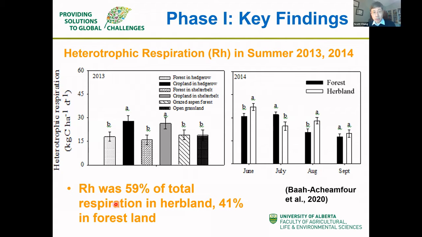And looking at the heterotrophic respiration as a proportion of the total respiration, which includes respiration by the plants themselves, the heterotrophic respiration was 59% of the total respiration in the herbland, while only 41% was heterotrophic respiration in the forest land use.